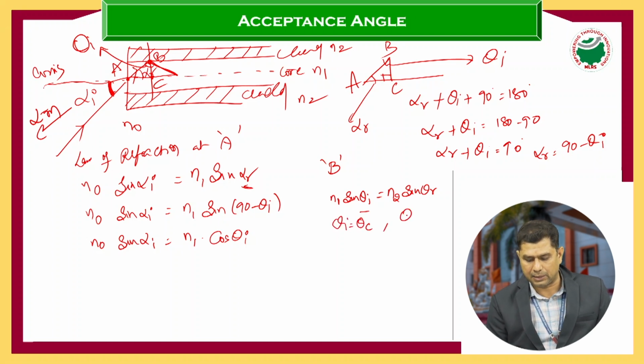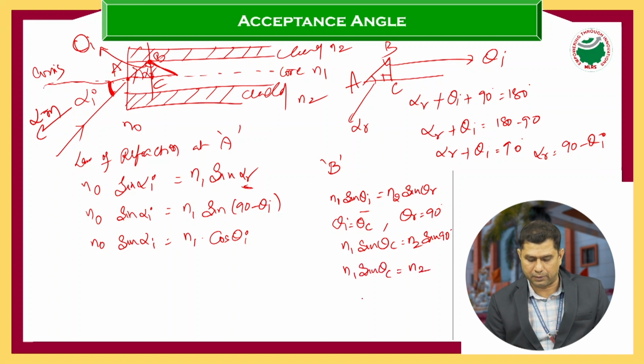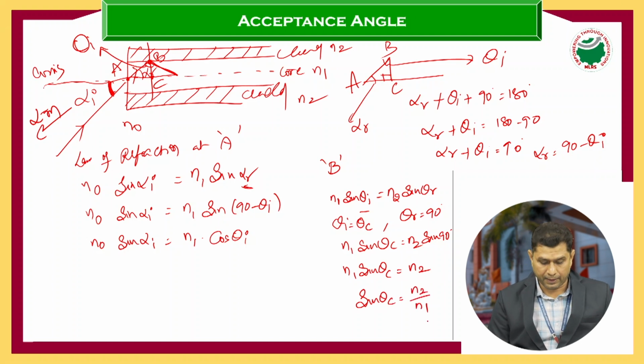When theta I is reaching theta C, what is the theta R value? 90 degrees. N1 sin theta C equals N2 sin 90 degrees. N1 sin theta C equals N2. Sin theta C equals N2 by N1.